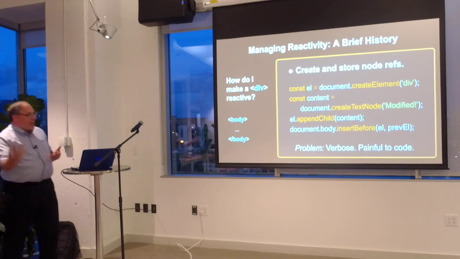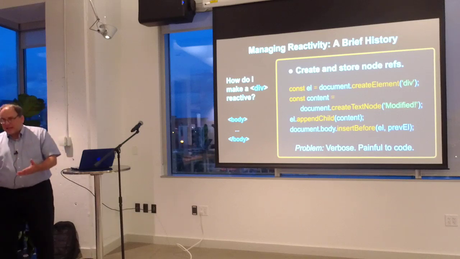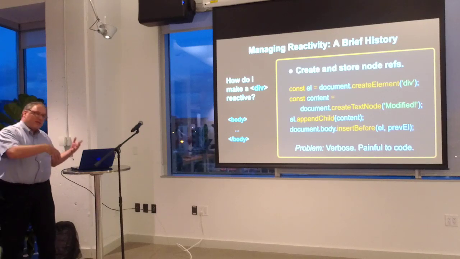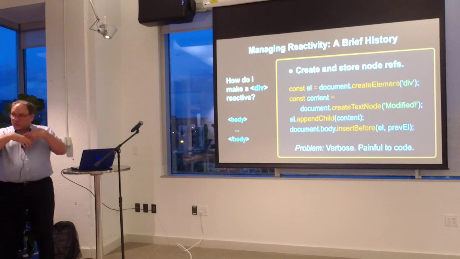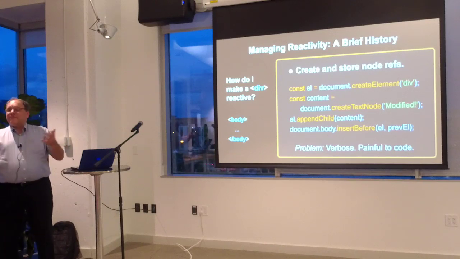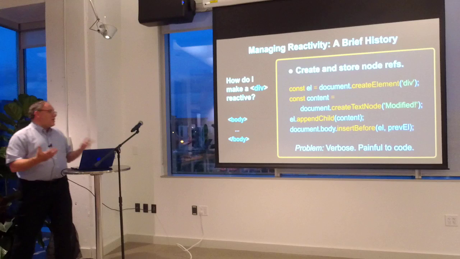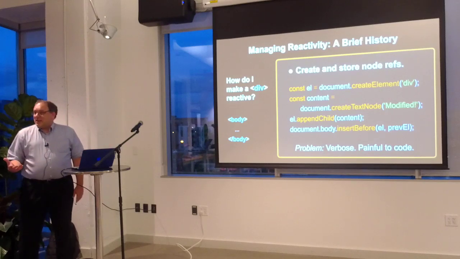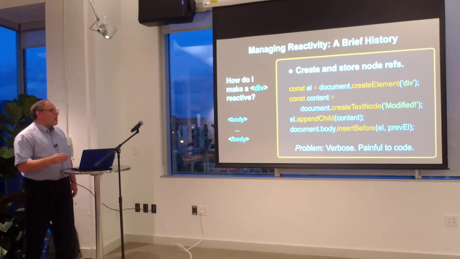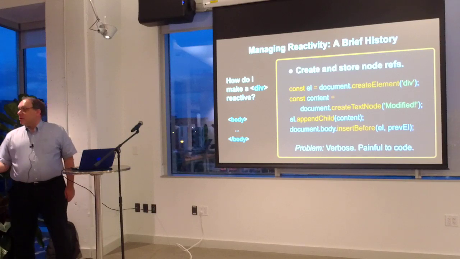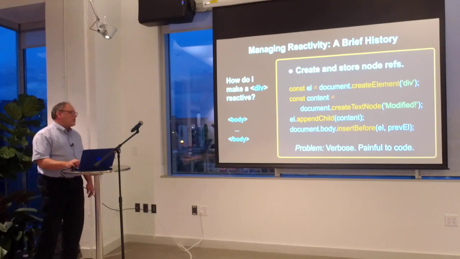To actually create nodes and then to populate them with other nodes and then to append them as children to other nodes. This is terribly verbose code. And I have done this occasionally, but it's really terrible, actually. It does not offer a primo developer experience, is what we'll say.